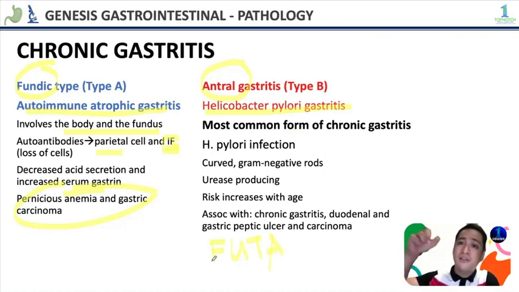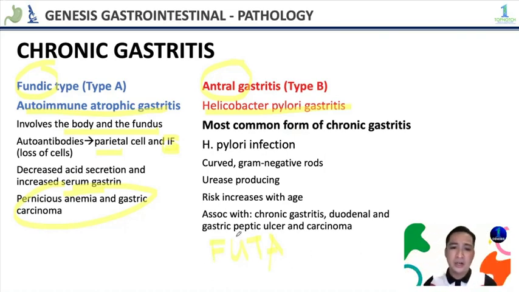We have the flagella, of course, for locomotion, the urease production, and the CAG toxin produced by your H. pylori. So remember, H. pylori is urease producing. It increases with age. It is associated with chronic gastritis and duodenal and gastric peptic ulcer and carcinoma. Do not forget carcinoma. You may want to add MALToma with H. pylori infection.